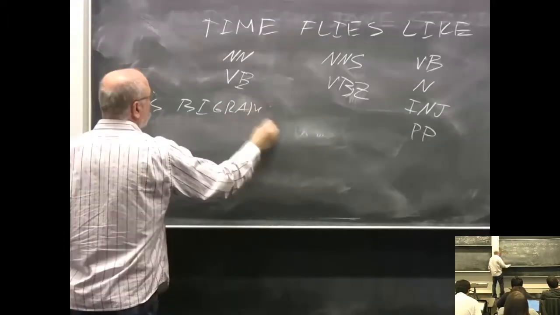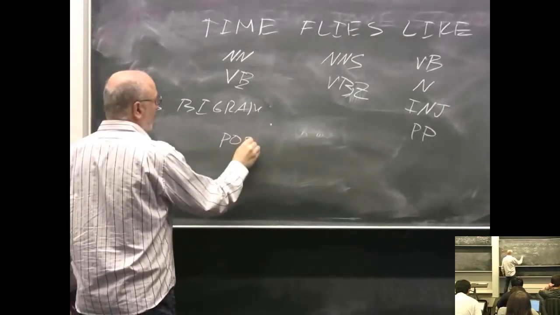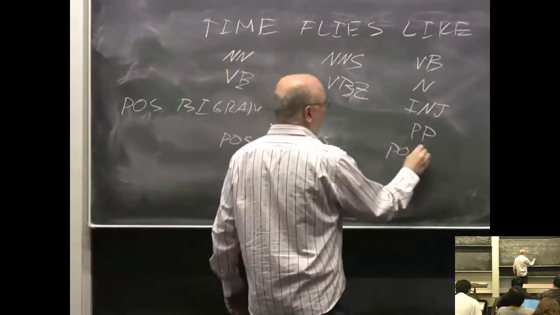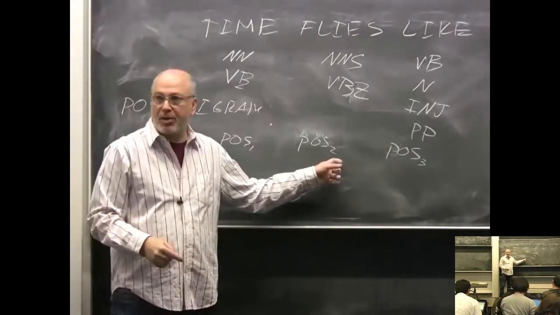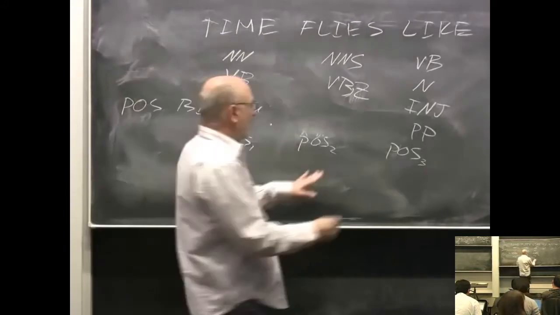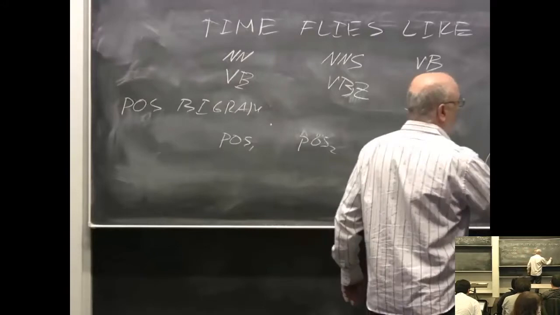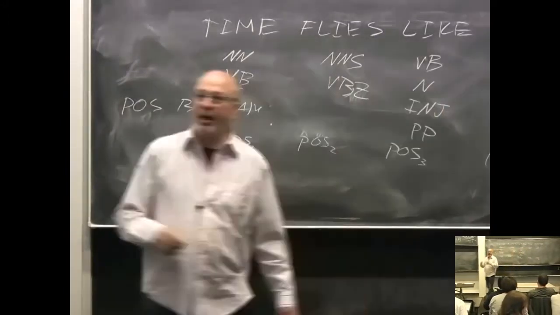It looks like this. I generate part of speech 1. I generate part of speech 2. I generate part of speech 3. I mean these indices are token indices, not type indices. So I'll just go, okay, fine. I generate part of speech 4. I generate part of speech 5. And these parts of speech are generated using bigram dynamics.